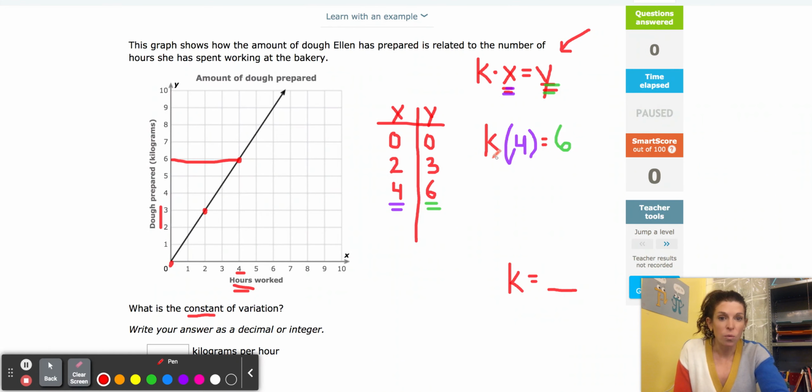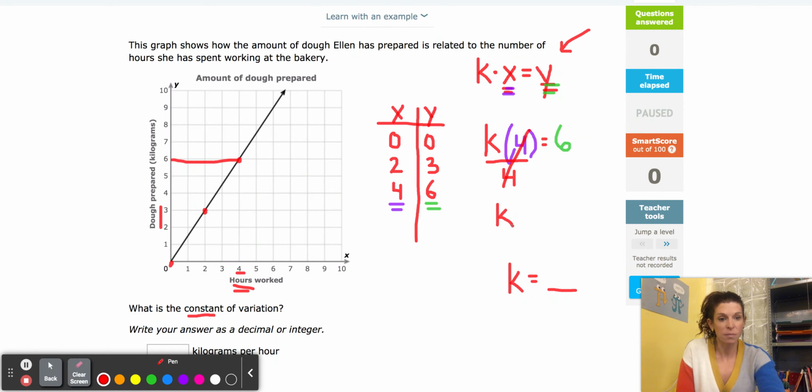The opposite of times 4 is to divide by 4. The reason is that 4 divided by 4, anything divided by itself, is just 1. So this is now going to be just K times 1, which is just K. Cool, so K is by itself.